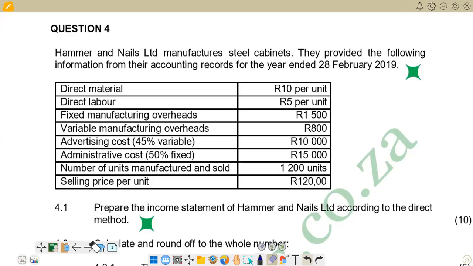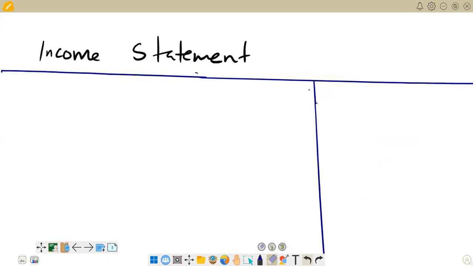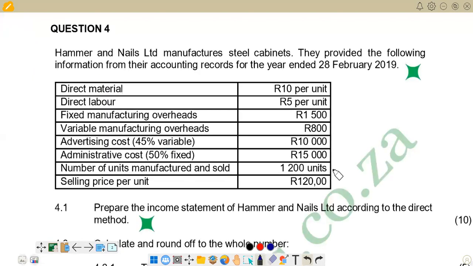If you come here on the answer section, we are now on 4.1, and 4.1 requires us to prepare this income statement. So we are going to start with the sales. Remember, we have 1,200 units, each unit with a selling price of 120.